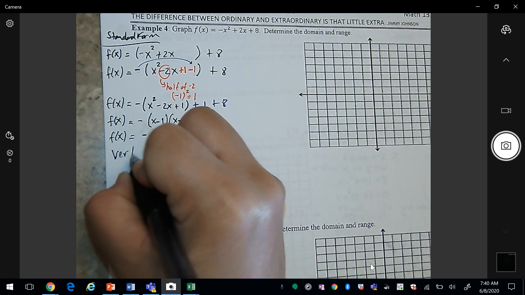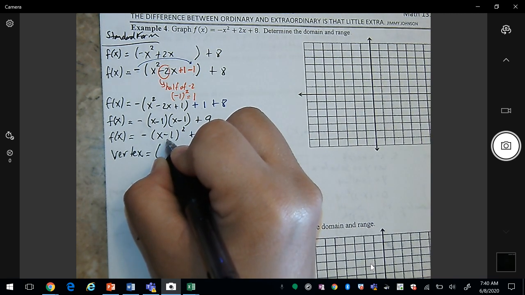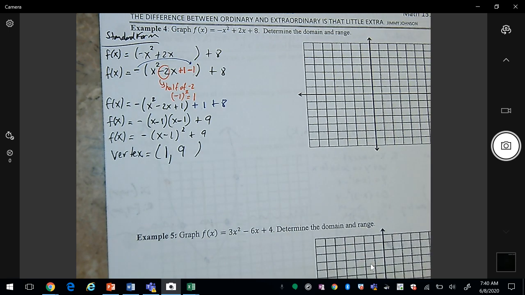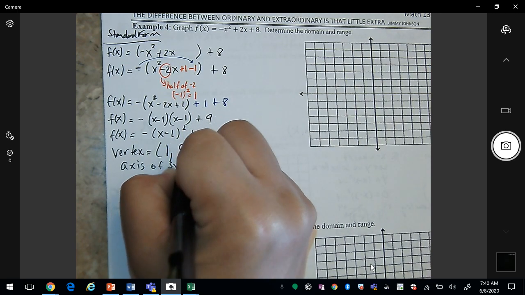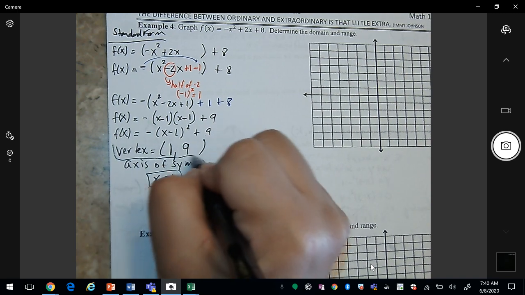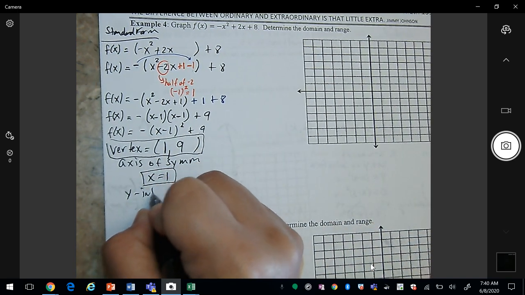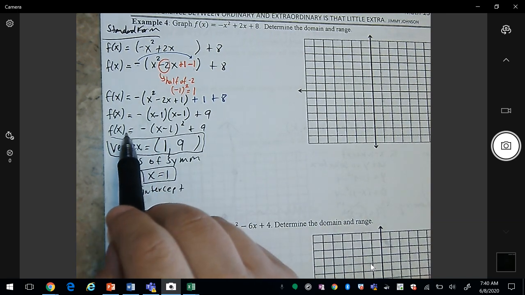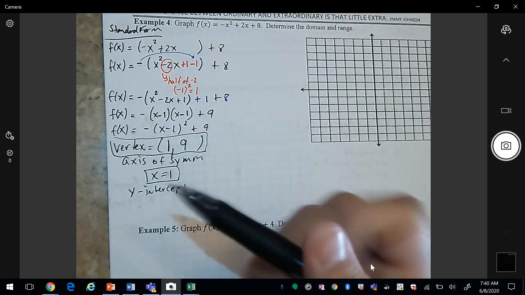And then I can get our vertex. So the vertex here, h, is the opposite of negative 1, so that's 1. And then we keep the sign of 9. Axis of symmetry is that x equals 1. The y-intercept, you can use your standard form, which is right here, or you can use this form up here.